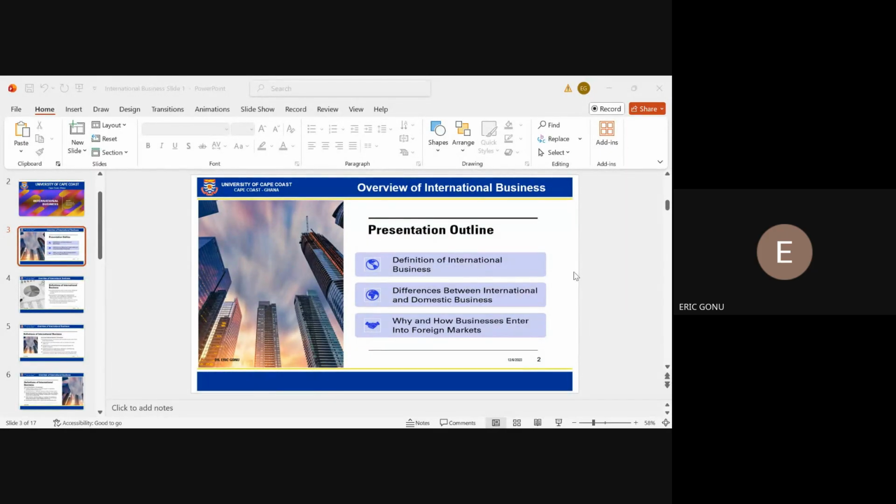We'll be looking at the definition of international business. We'll look at the difference between international and domestic business. Then we'll conclude by looking at why and how businesses enter into foreign markets.